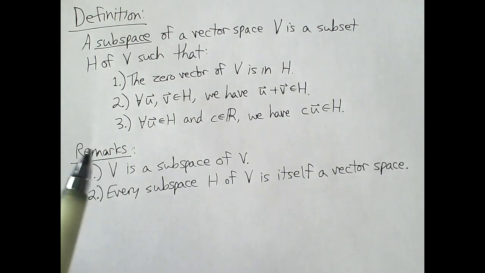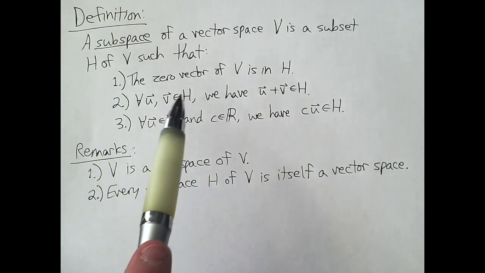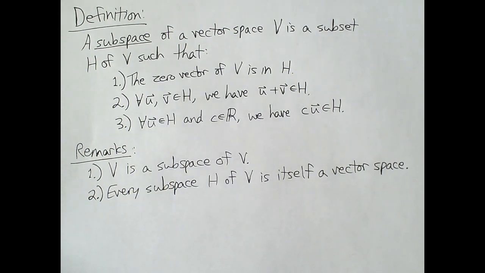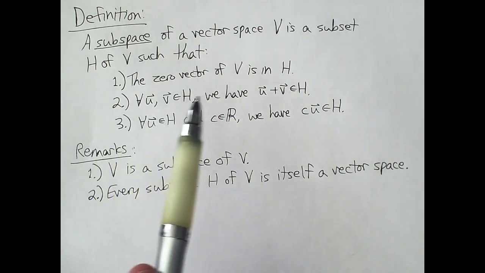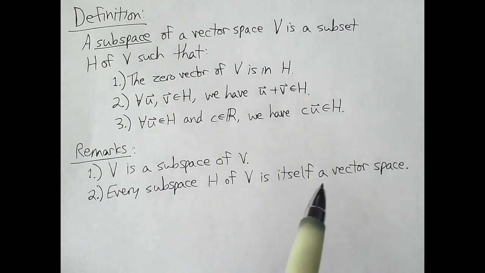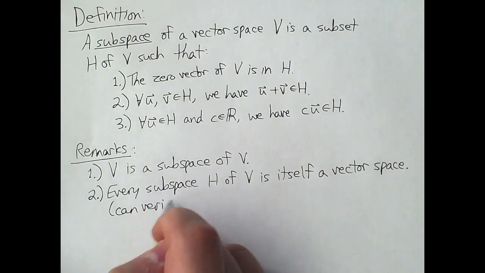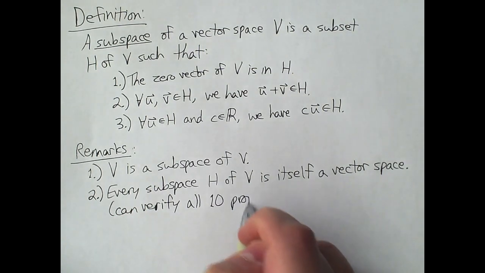I guess it makes sense that if it has these three properties, it has the zero vector. That means that it has property 4 of a vector space. Property 2 over here looks like it's telling me that we have property 1 of a vector space. But in fact, you can verify that you do get all 10 properties.